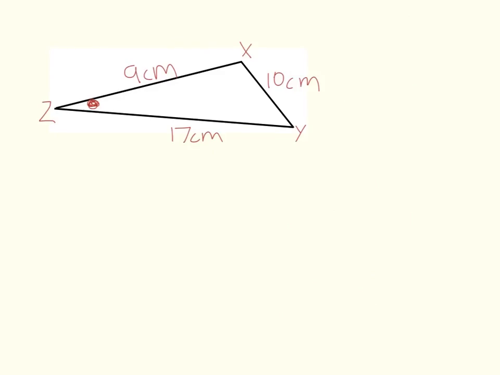Okay, in the triangle XYZ, let's calculate the angle at Z. We're asked to calculate an angle and we know all three sides, so we should use the cosine rule. So the cosine rule is cos A equals b squared plus c squared, take away a squared, divided by 2bc. However, in this triangle we don't have a, b, c, we've got x, y, z, so we'll label our sides x, y and z.